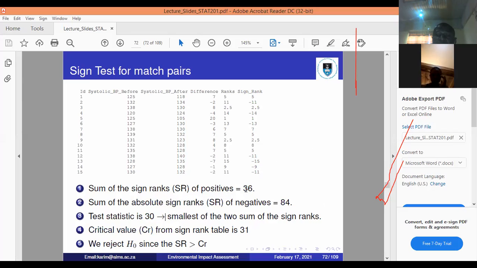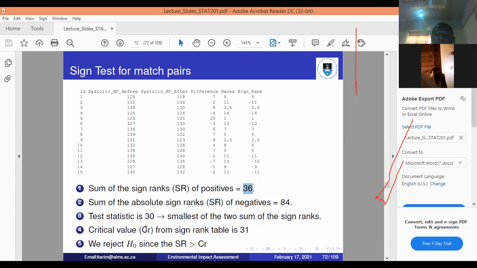So we are picking the smallest of these two sum ranks. 36 is the smallest. And that is the test statistic for the sign rank, the smallest of the two sums of the sign ranks.